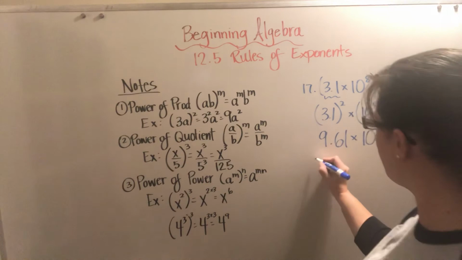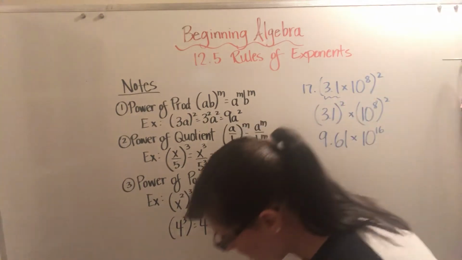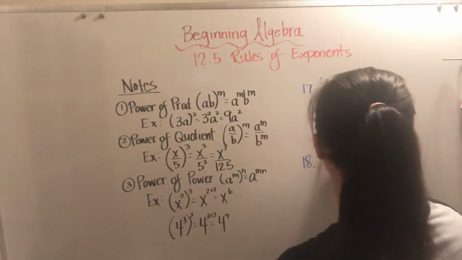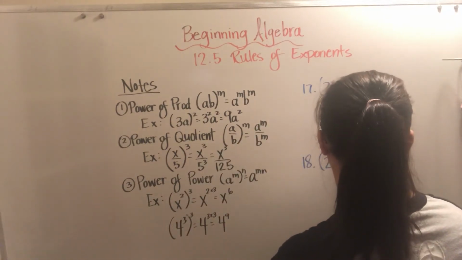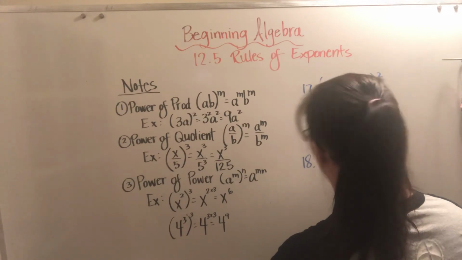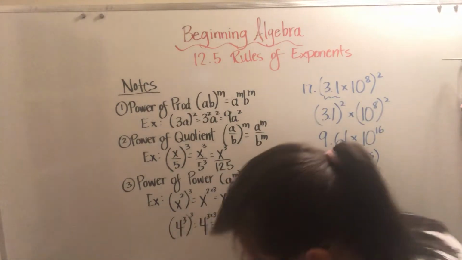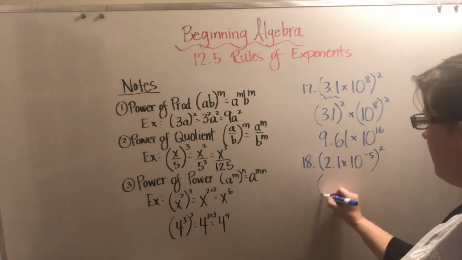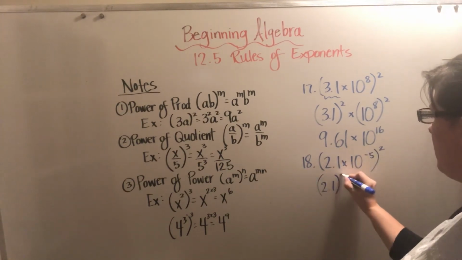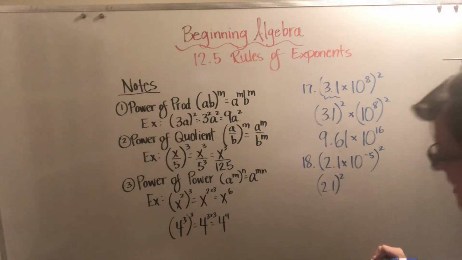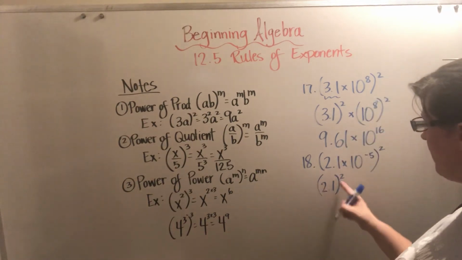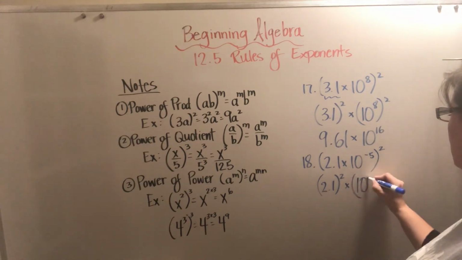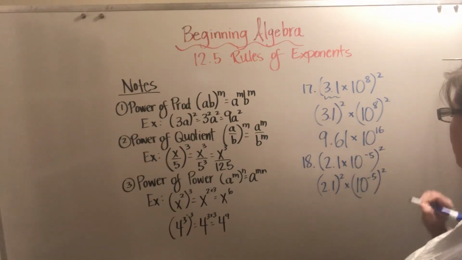Let's try one more like that. Number 18. I've got 2.1 times 10 to the negative 5. And I have that whole portion squared. Again, apply this to both terms. Square 2.1. Make sure you punch that in with parentheses so it squares the whole thing, not just the 0.1. 10 to the negative 5th squared.